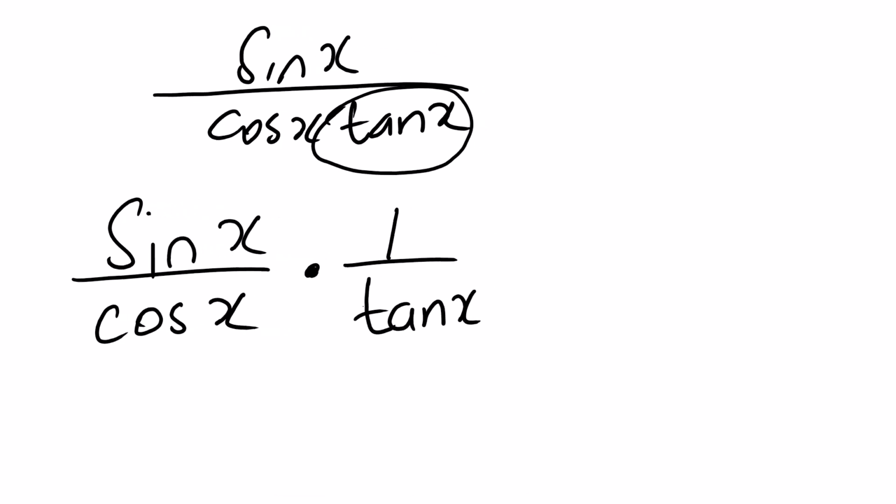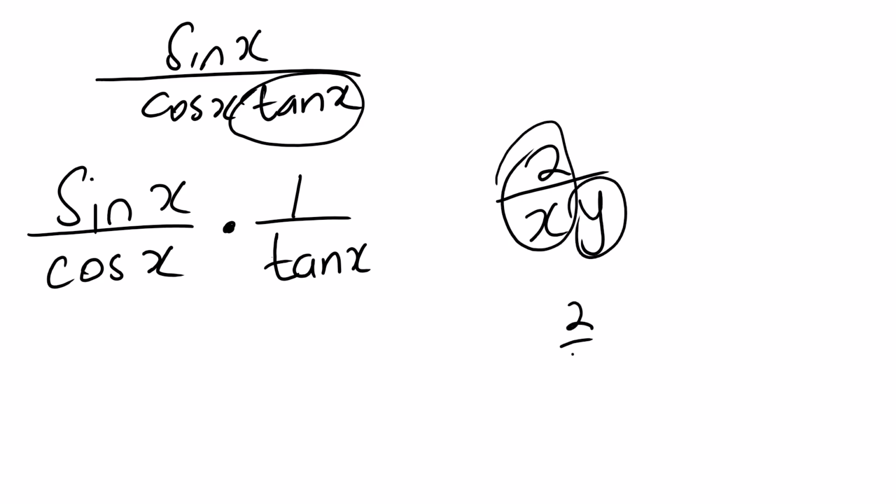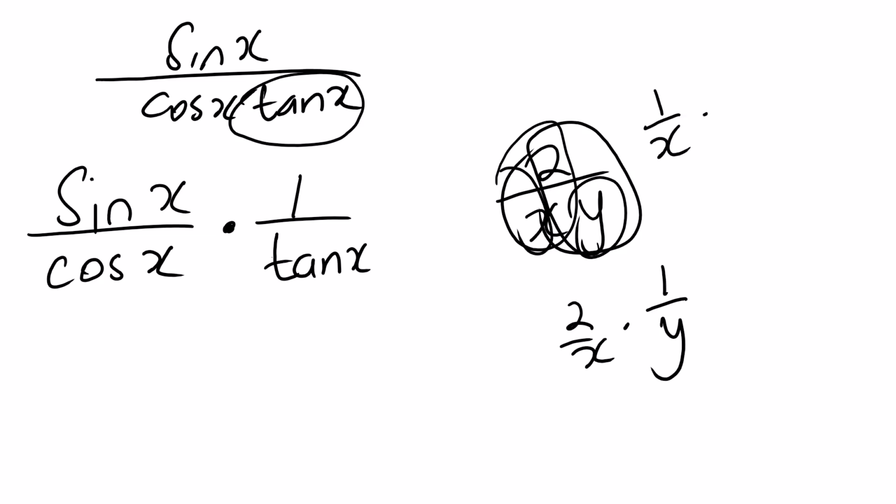Let us quickly look at a few examples. Suppose we have 2 over x y. You want to separate this from this, it will be 2 over x multiplied by 1 over y. Or you want to separate this from this, it will be 1 over x multiplied by 2 over y.